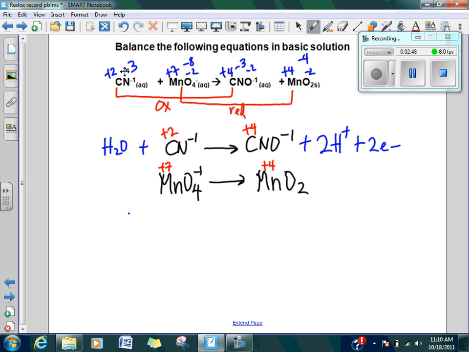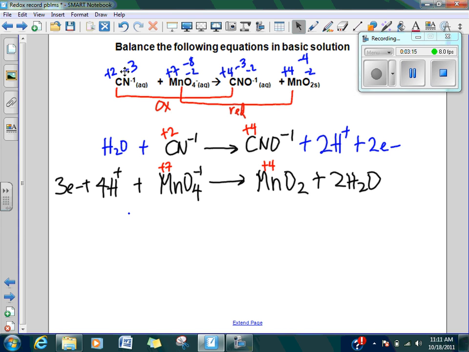I have 4 on the left, 2 on the right. So I need 2 more waters on this side to have 4 oxygen. That gives me 4 hydrogen ions that are out of balance, so I'll add those to the left-hand side. And now I can balance out my electrons. I have a difference of 3 here, so in order to balance that out to +4, I'm going to add my 3 electrons to this side of the equation.